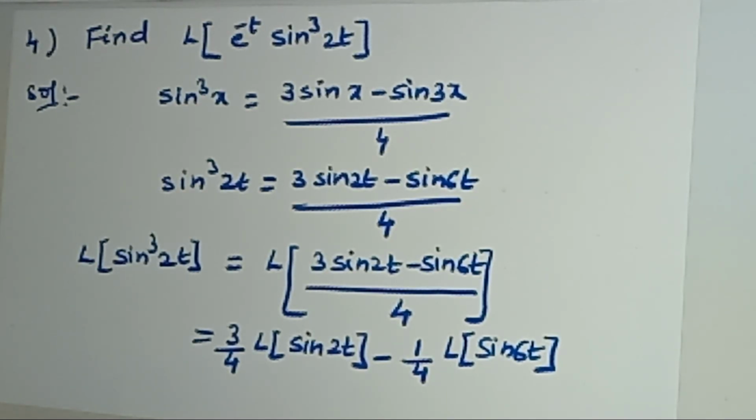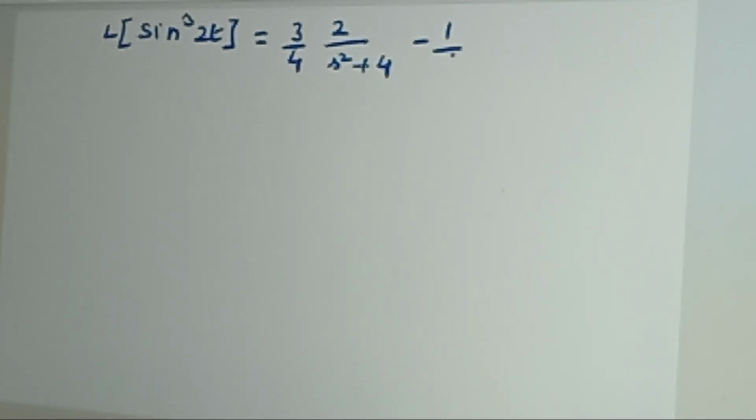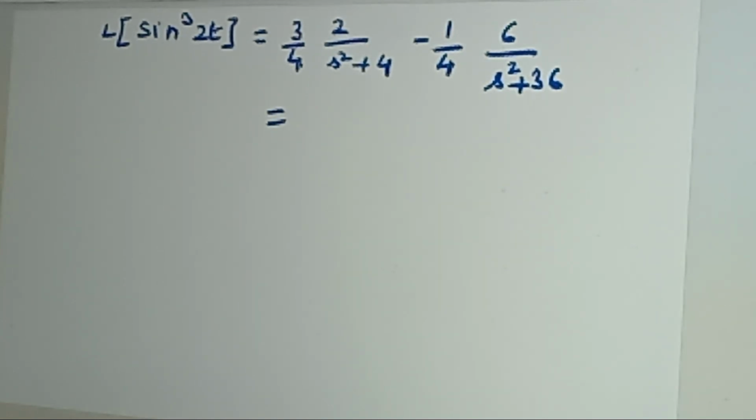Okay. So let us write the next step as, you can write it as Laplace of sine cube 2t is equal to what? 3 by 4 into 2 by s square plus 4 minus 1 by 4 into 6 by s square plus 36. Now, you can simplify this furthermore. 2 into 2 is nothing but 4.